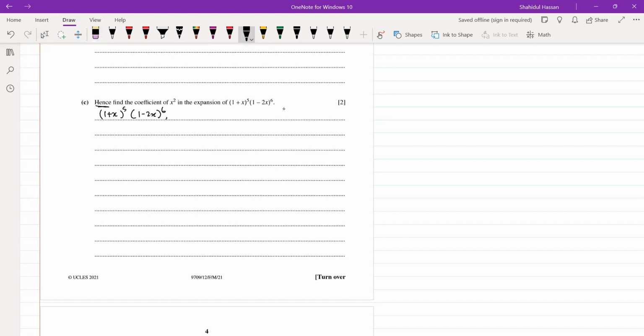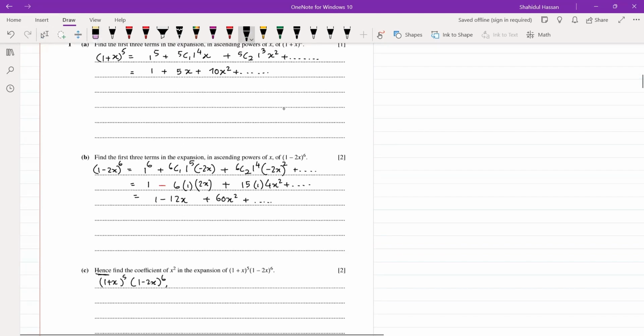So (1 plus x) to the power 5, we have expanded, and this was 1 plus 5x plus 10x squared plus dot dot dot. (1 minus 2x) to the power 6, this was 1 minus 12x plus 60x squared plus dot dot dot.